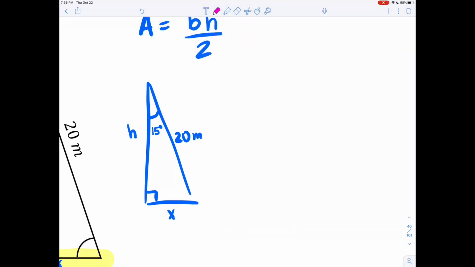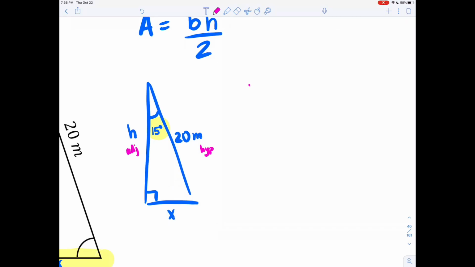To kick things off, I feel like solving for h first. Personal preference, I guess. I am given this angle here. According to my 15 degrees, my 20 meters would be considered my hypotenuse, and my height, h, would be considered my adjacent.